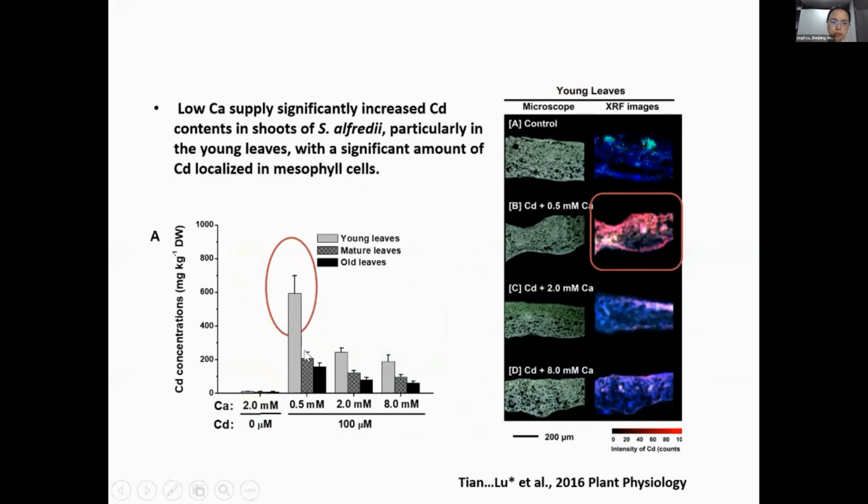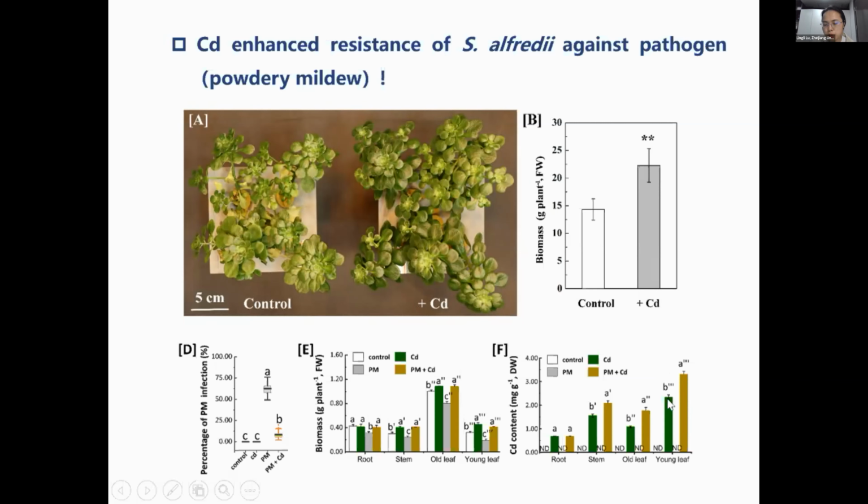Without cadmium, we can see this plant was infected by the pathogen, and with cadmium, the plants remain healthy, and the biomass was also much higher than those without cadmium. And very interestingly, in the PM-affected plants, the cadmium was higher than in those without the PM infection.